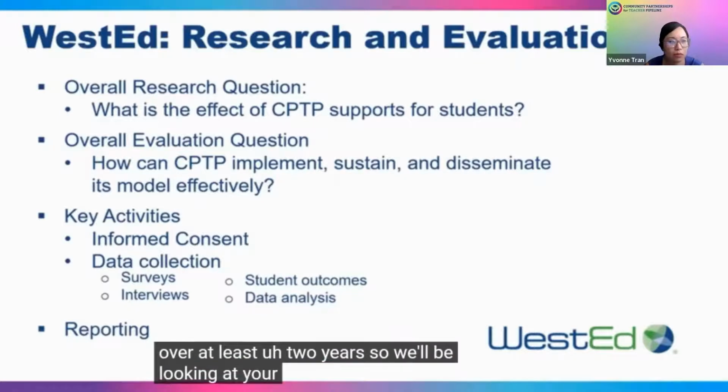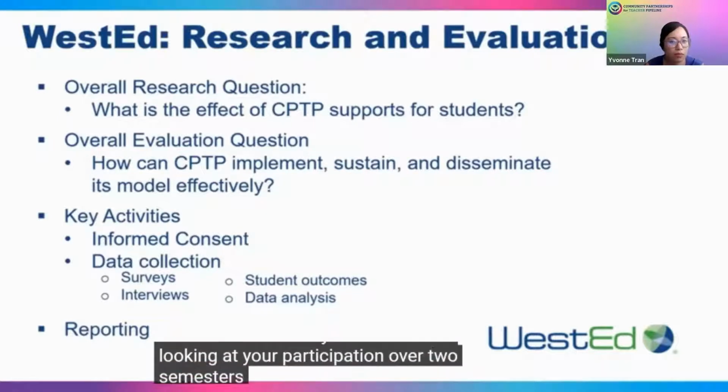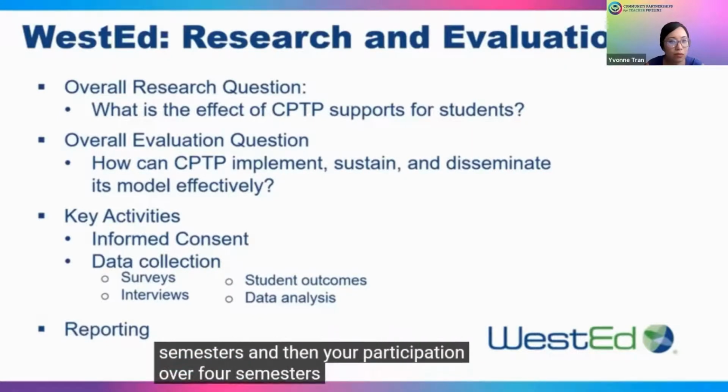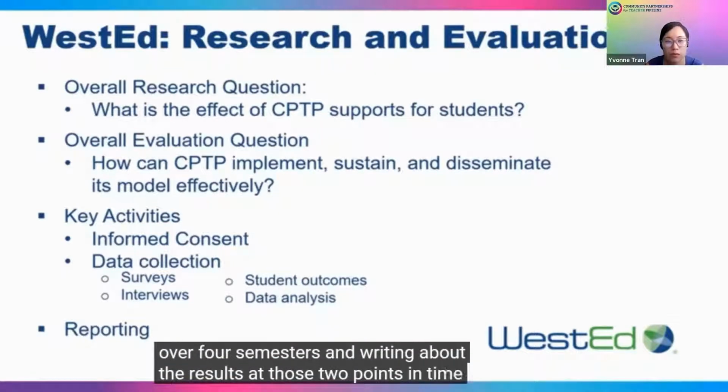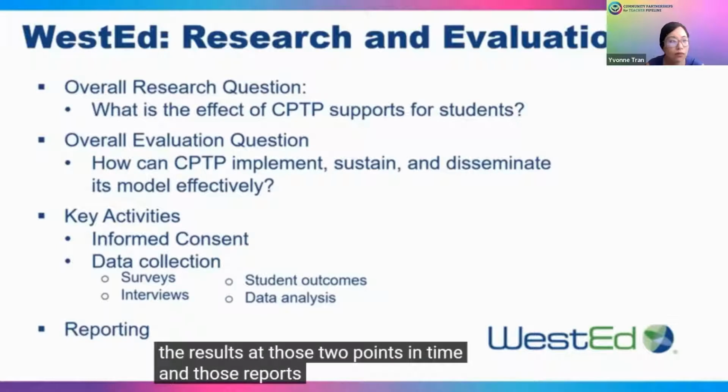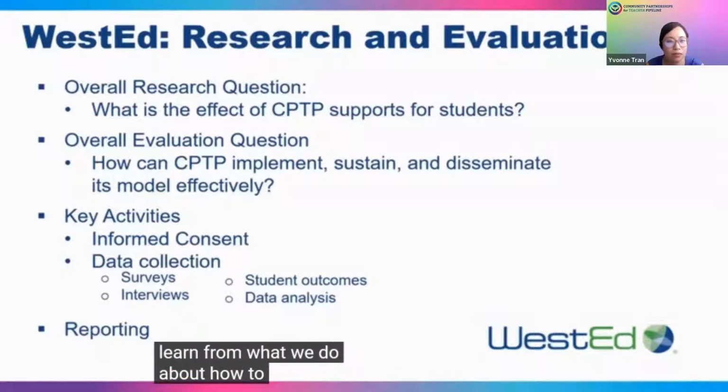So we'll be looking at your participation over 2 semesters and then your participation over 4 semesters and writing about the results at those 2 points in time. And those reports will actually be shared with what's called the What Works Clearinghouse so that other community colleges and other people interested in implementing a program like this can learn from what we do about how to do this work well.